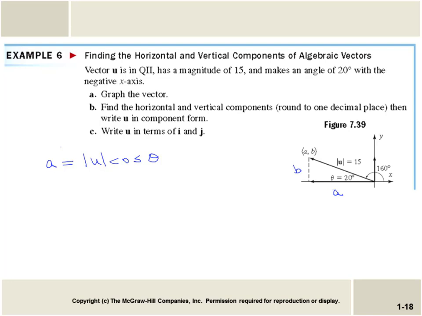So here A is 15 cosine of 20 degrees. Anybody with a calculator, I wouldn't mind if you did that for me. And B is equal to the magnitude of U times sine theta, so this is 15 sine 20 degrees.